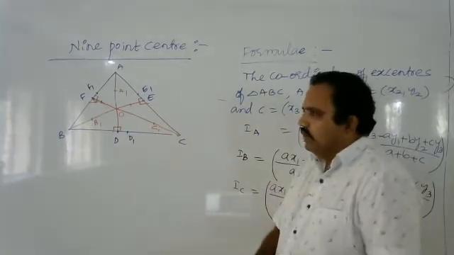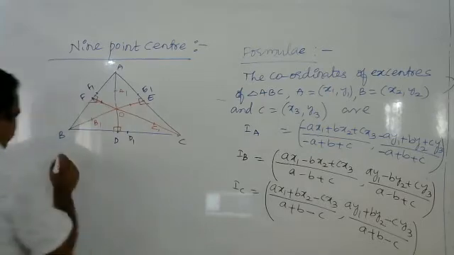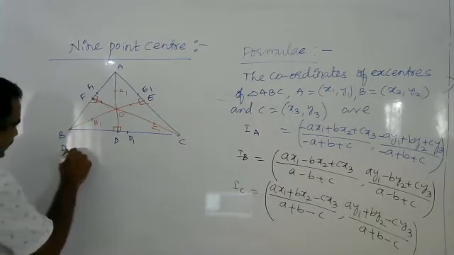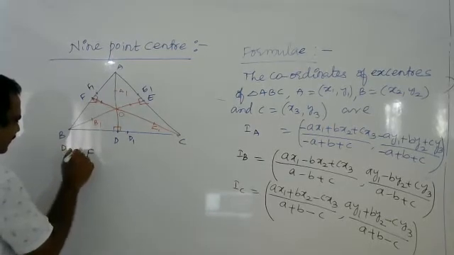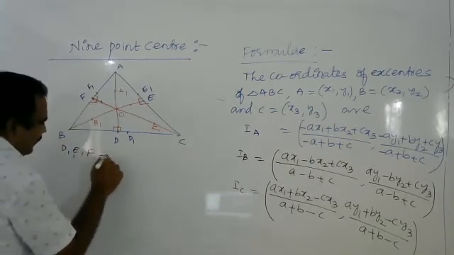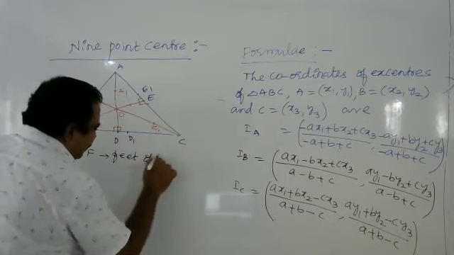First, the first 3 points: D, E, F are feet of perpendiculars.